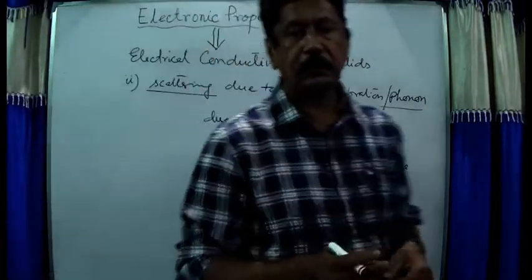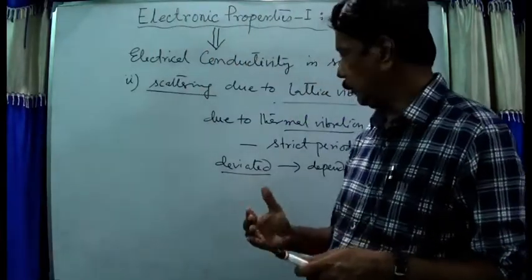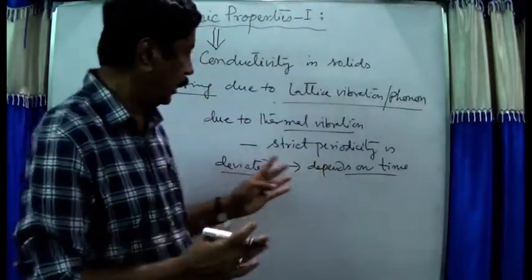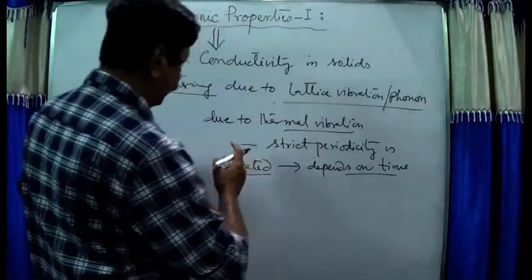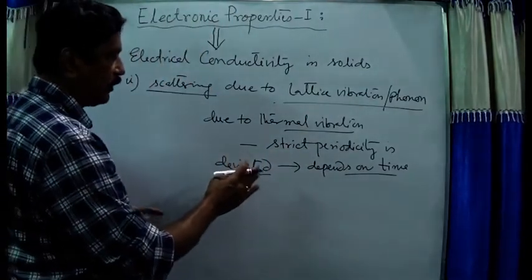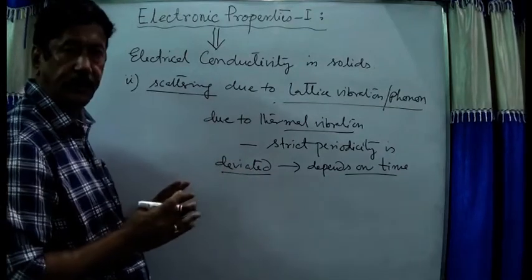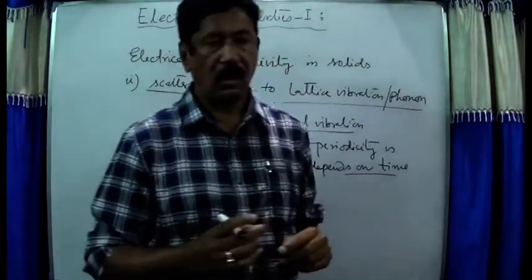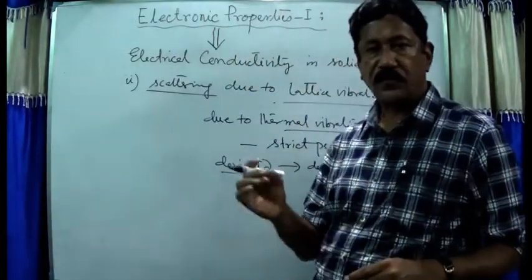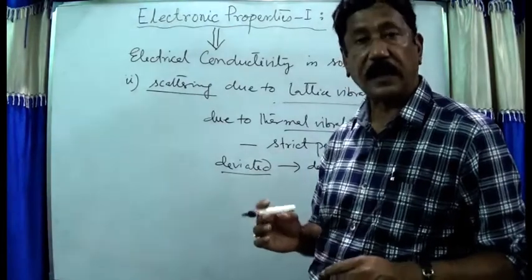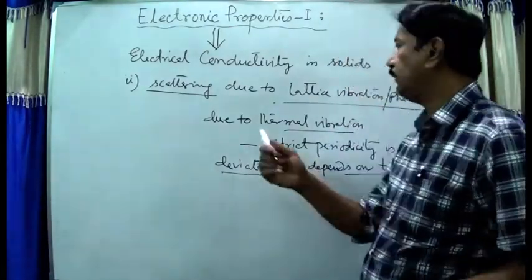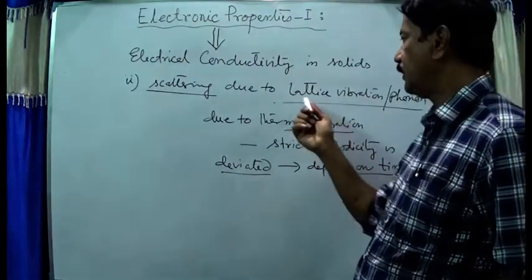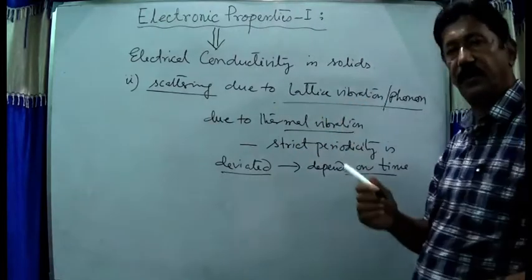As a result, due to thermal vibration, when the ionic crystal gets deviation from its static periodicity, the electron will experience some sort of collision or scattering event, and that is called scattering due to lattice vibration.